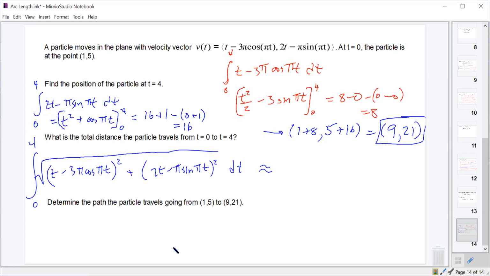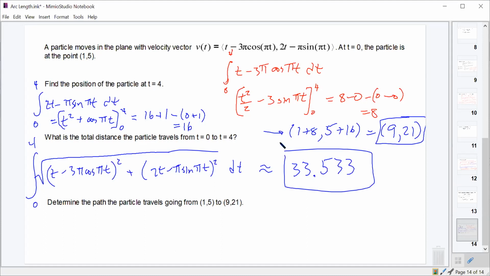Anybody? Making sure you're in radians. Did anyone get 33.533-ish? Or am I just being dumb?